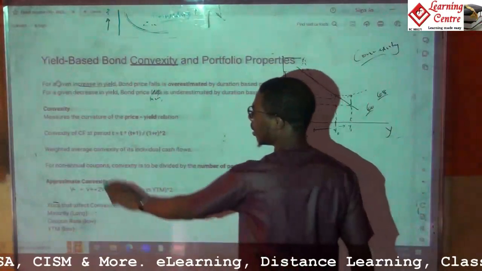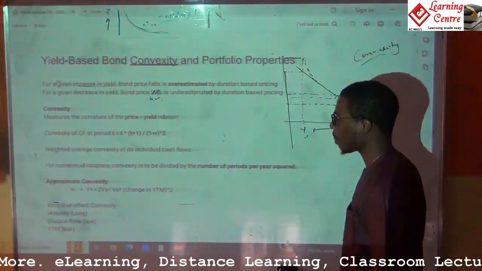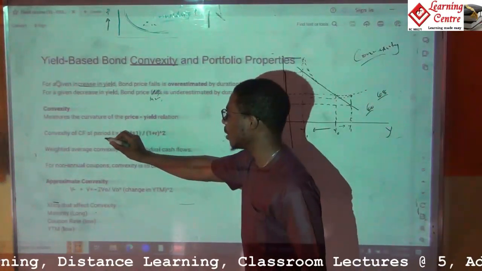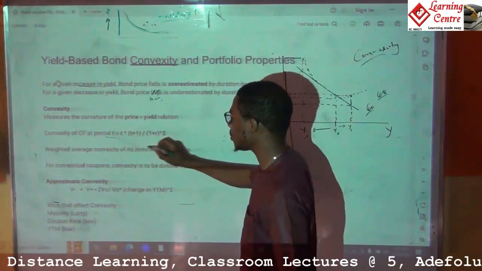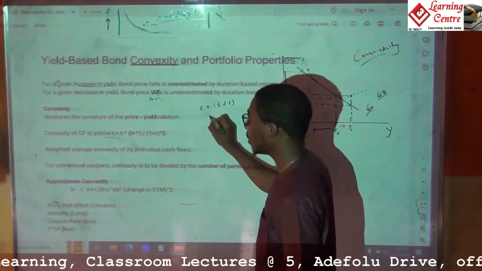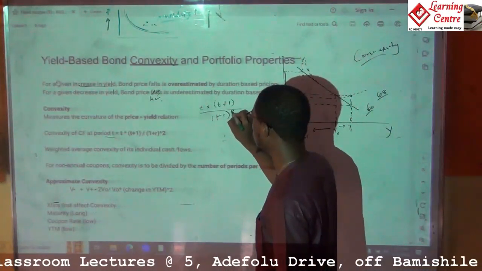So convexity measures the curvature of the price-yield relationship. It is the sum of t times (t plus 1) times the cash flow over (1 plus r) to the power t.